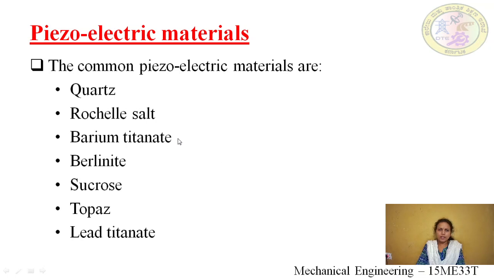If you take the barium titanate, we can easily change the shape and size of barium titanate. This is a character of barium titanate. It is a synthetic material. Another material is berlinite, sucrose. The next is topaz, then lead titanate.